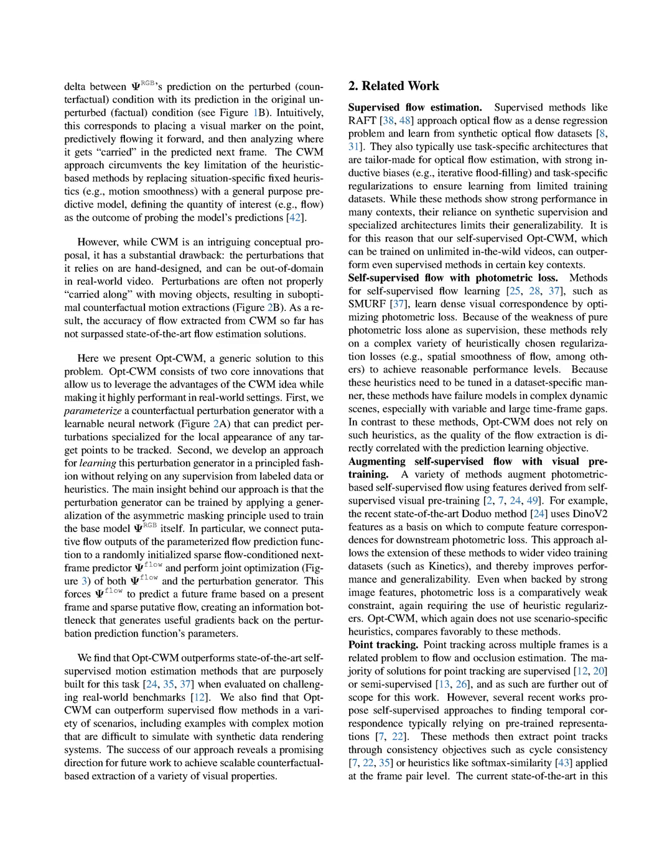Finally, the perturbation generator is optimized through a joint training process with a flow-conditioned, next-frame predictor, ensuring that the perturbations are context-specific and improve the accuracy of flow vector estimations. This end-to-end optimization allows Opt-CWM to effectively learn and adapt perturbations for real-world video scenarios, outperforming existing methods.